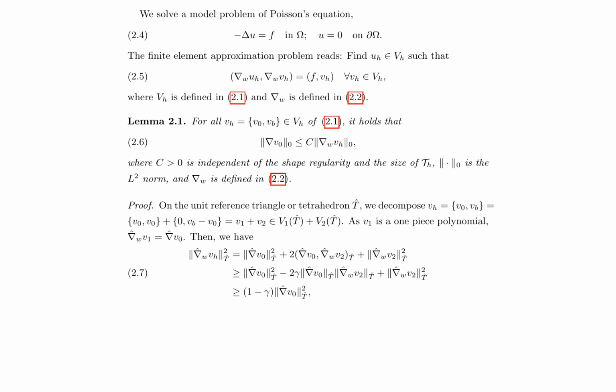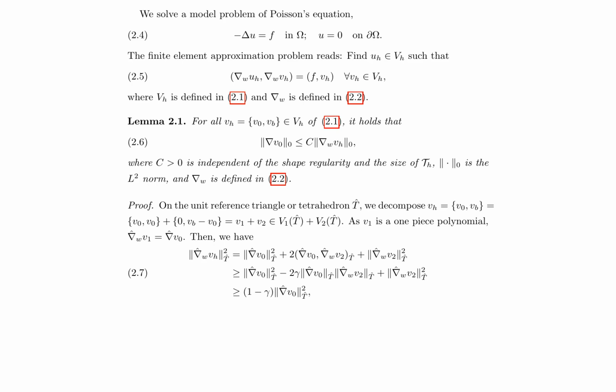The weak Galerkin finite element method is applied to a model problem of Poisson's equation, seeking the finite element approximation in VH that satisfies a specific equation involving the weak gradient and the forcing function f. A key result, established in Lemma 2.1, states that the L2 norm of the weak gradient nabla WVH is bounded above by the L2 norm of nabla V0, with a constant C independent of the shape regularity and size of TH.